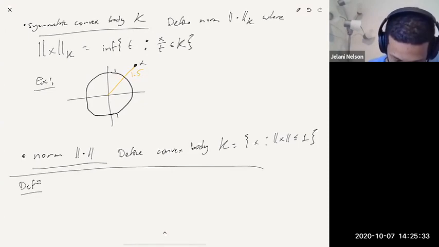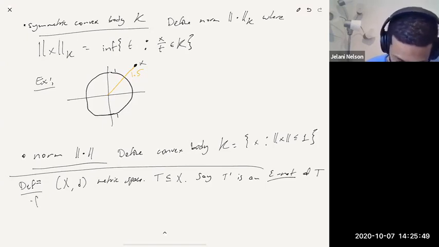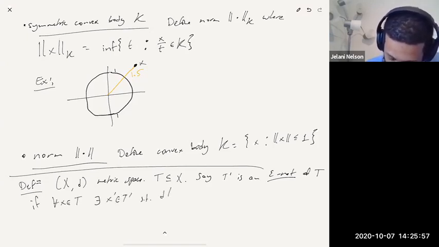If X is a set, D is a metric on X, and T is a subset of X, we'll say T' is an epsilon net of T if for all x in T there exists an x' in T' such that the distance from x to x' is at most epsilon.